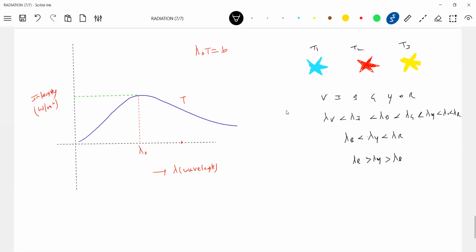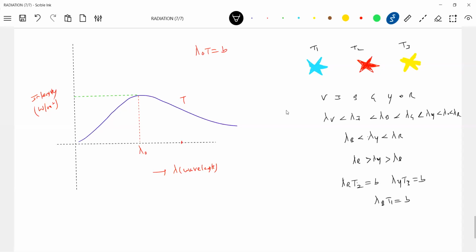Apply Wien's displacement law: lambda R T3, lambda red color T2, lambda Y T3, then lambda blue T1.